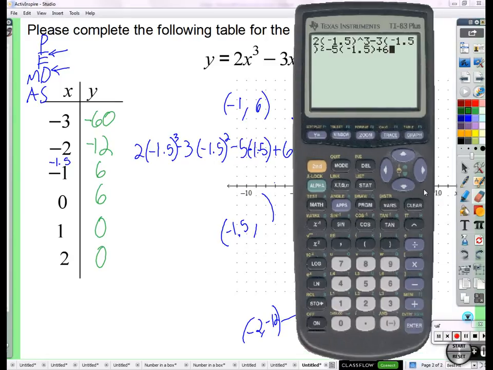So 2 times -1.5 to the third power minus 3 times -1.5 squared minus 5 times -1.5 plus 6. The calculator follows the order of operations very strictly, so it should do this first, then multiply by 2 afterwards, and so on. I get 0. Interesting.